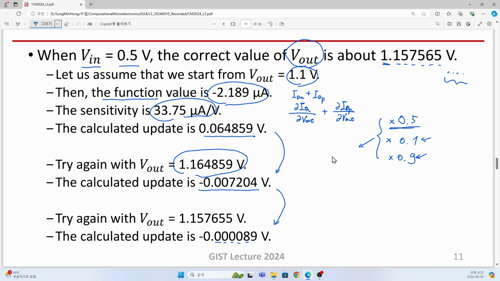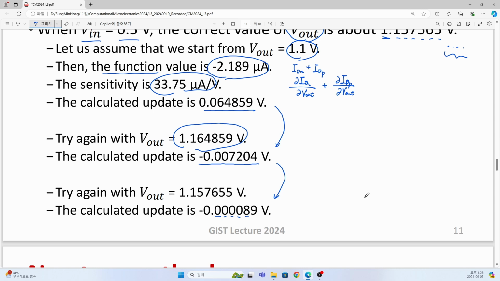Nobody knows. There is no predefined guarantee for the optimal value of this update or reduction factor for our voltage step. However, in the case of a Newton method, this update or voltage change is automatically controlled by our algorithm, so it gives us quite a rapid reduction of the update value.